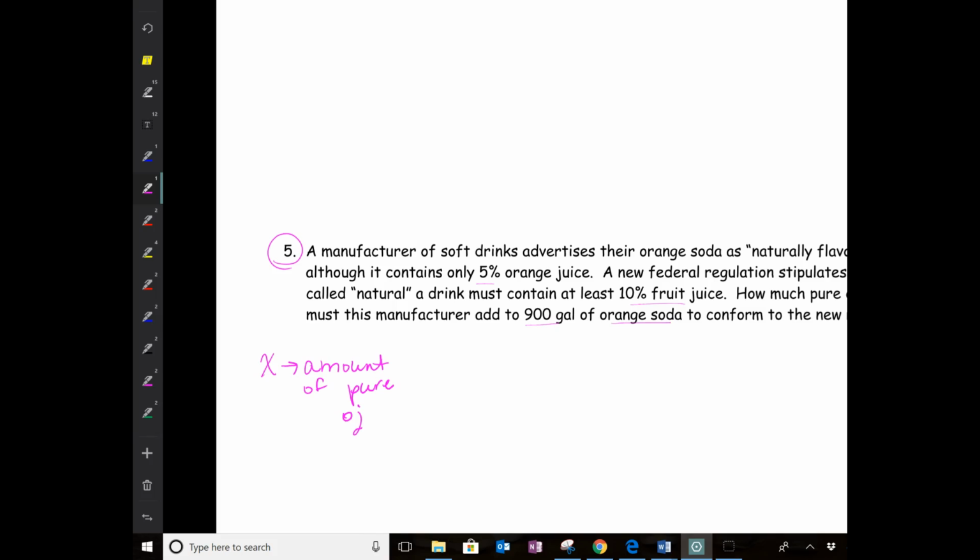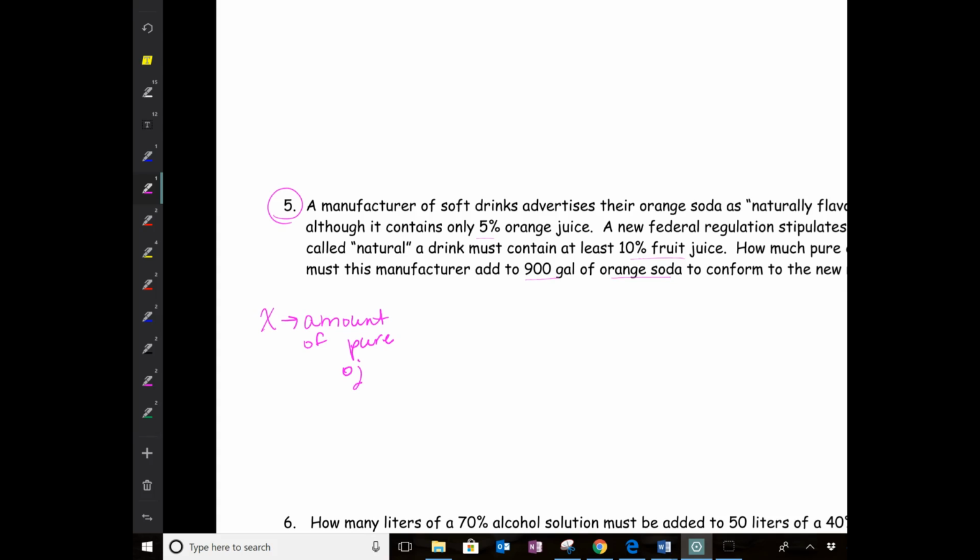I want to see how much pure OJ I can add to create 900 plus an additional amount containing 10% orange juice. So this is really what I'm looking at. I'm looking at the 5% of OJ in the mix plus how much 100% OJ do I need to add to the mix to equal 10% of the total mix.